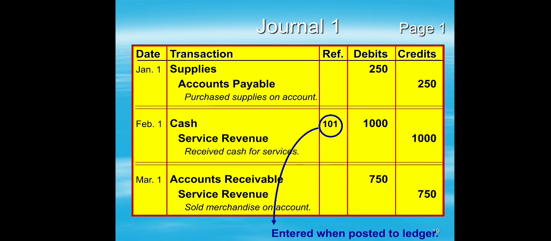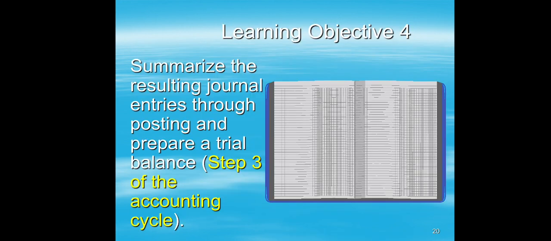In this lecture I will explain step 3. This is what I explained last week in the previous lecture: how to record business transactions in the journal. Today you will see step 3 in the accounting cycle, which is posting all the journal entries into the ledger.